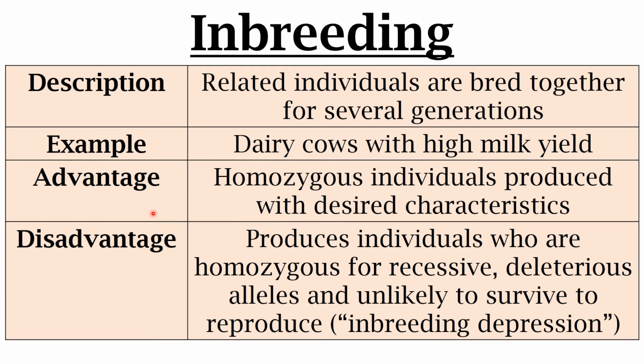But the disadvantage is you also get individuals who are homozygous for recessive deleterious alleles, so those are harmful in some way, and are unlikely to survive to reproduce. So this is inbreeding depression when you have these unwanted characteristics as well.